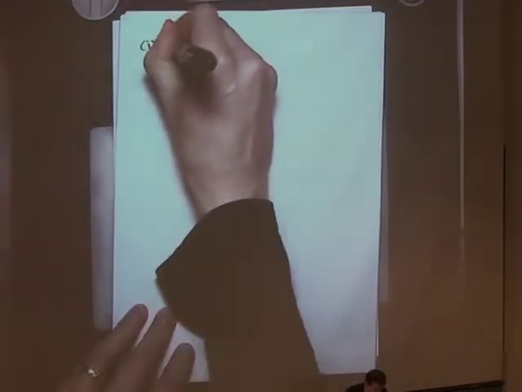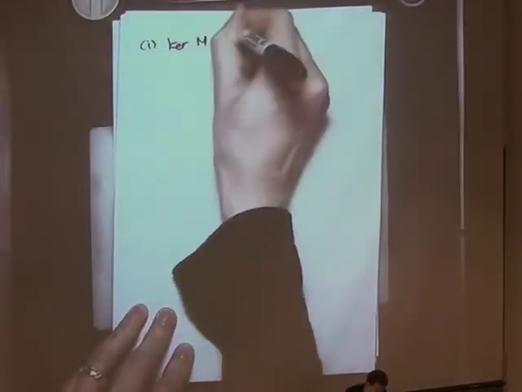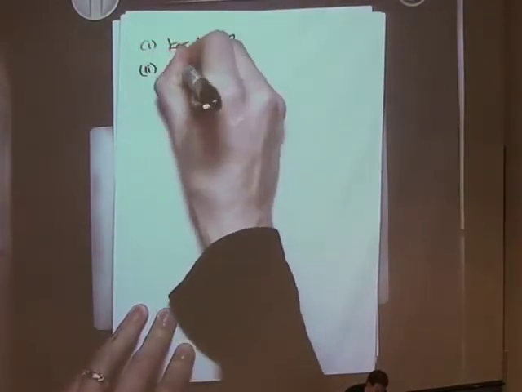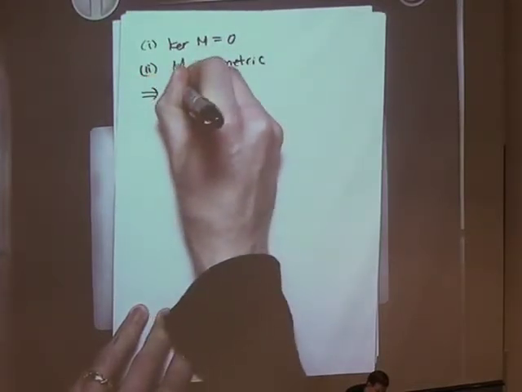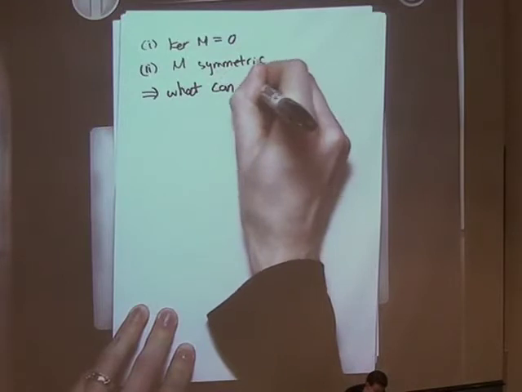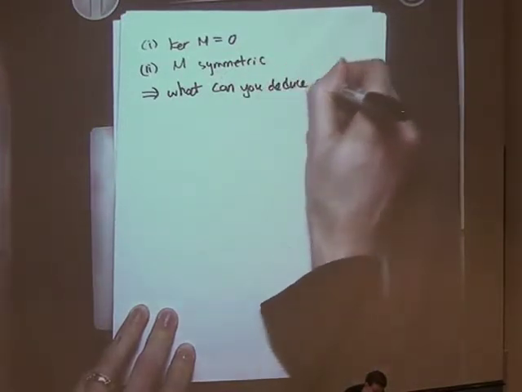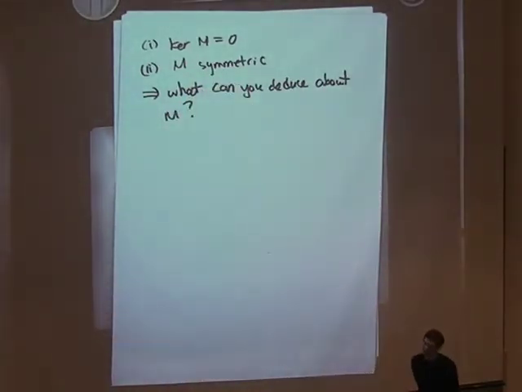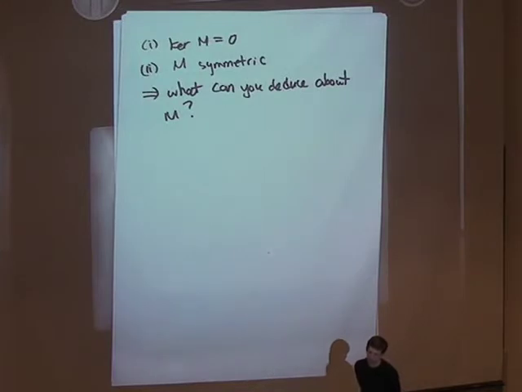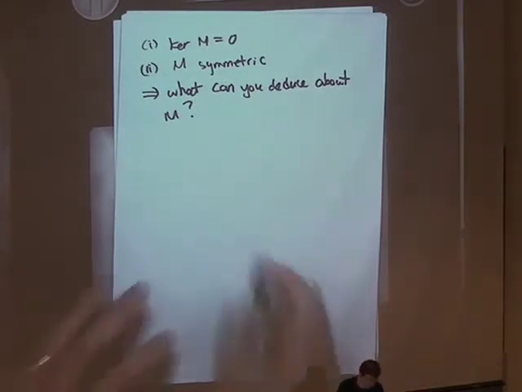Suppose that one, say the kernel of M is trivial, and two, M is symmetric. And then the question is, what can you deduce about M? So that's a perhaps slightly vague question, but it's still an interesting one. If you can say anything non-trivial, you can deduce formal properties of this operator U without having to do any geometry, but maybe just by doing linear algebra. This is the kind of question that turns up.